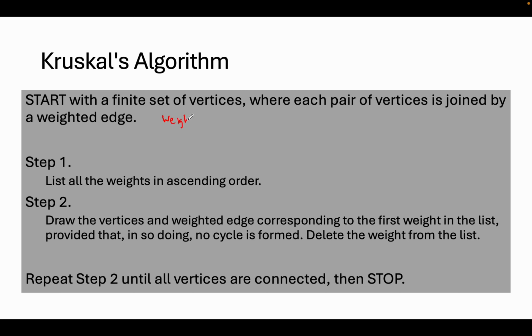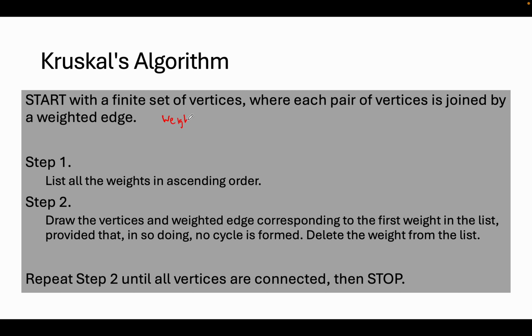Provided that when we do that, A, we don't form a cycle, and something that is omitted from this definition is B, that the new vertex is not currently connected. If you're in 374, we talked about this with the union-find data structure, which is how we ensure that this happens.